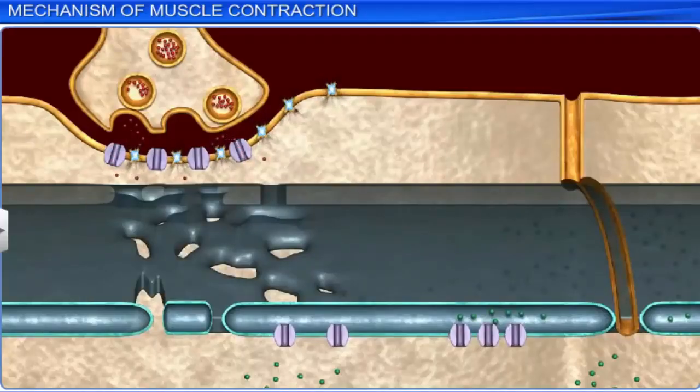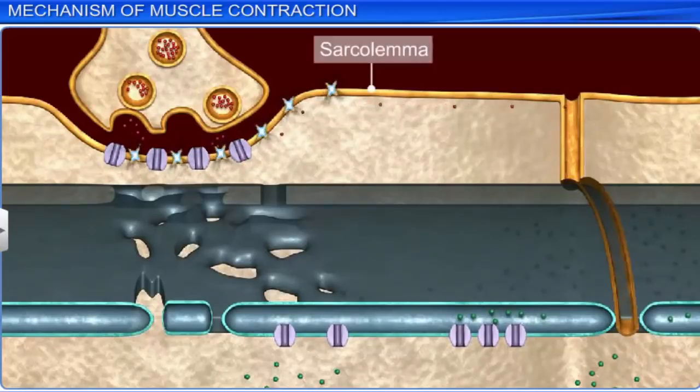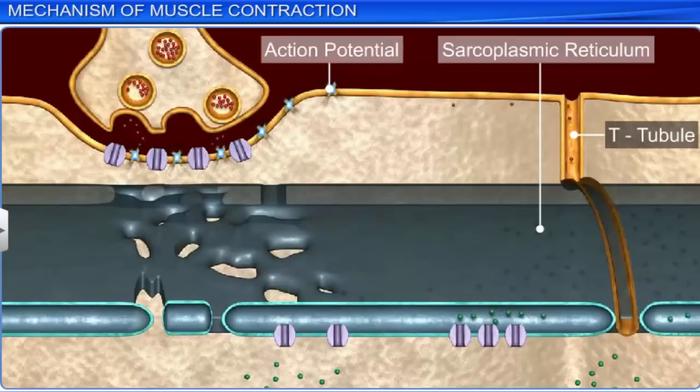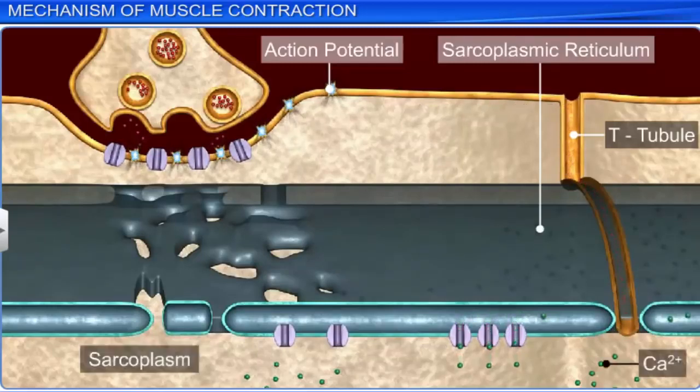This neurotransmitter generates an action potential in the sarcolemma which spreads into the muscle fiber, causing the release of calcium ions in the sarcoplasm.